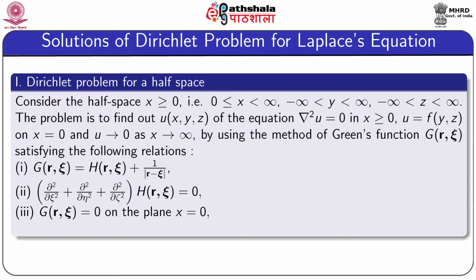Therefore, del squared by del xi squared plus del squared by del eta squared plus del squared by del zeta squared operating on H must be equal to 0. And there is a third condition on Green's function, which is the value of the Green's function G is equal to 0 on the boundary, and for this case the boundary is x equals 0. Therefore, on x equals 0, G equals 0.